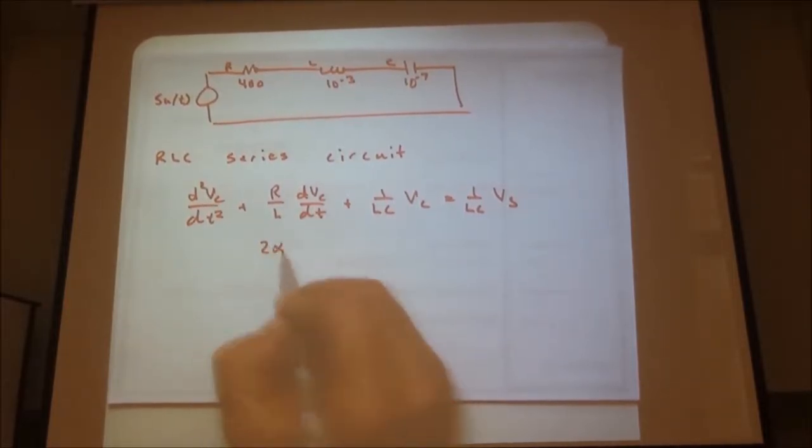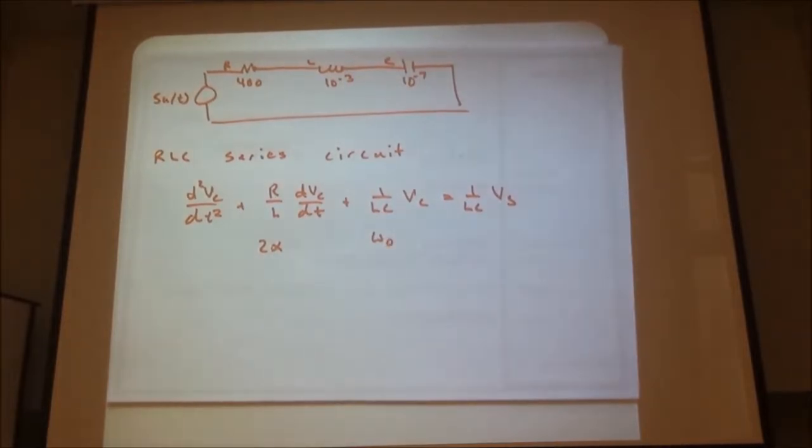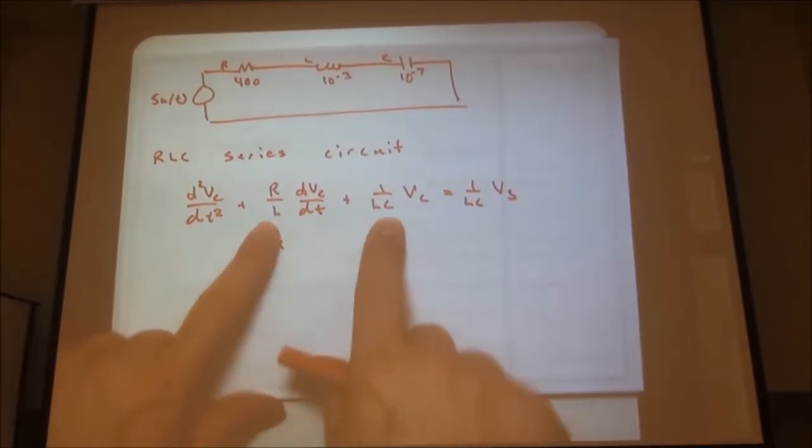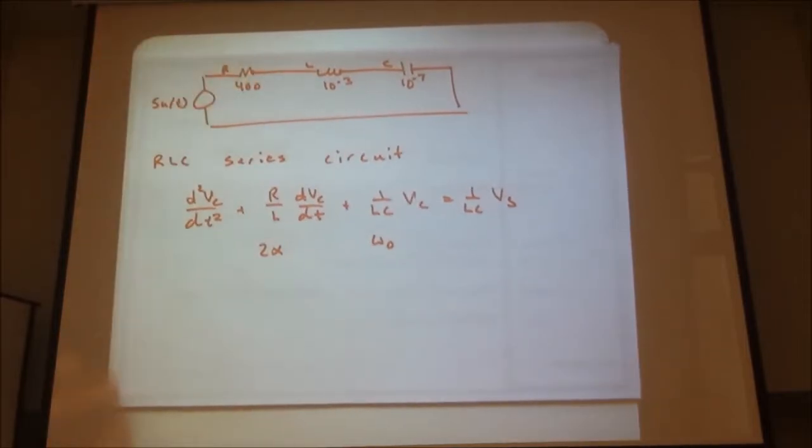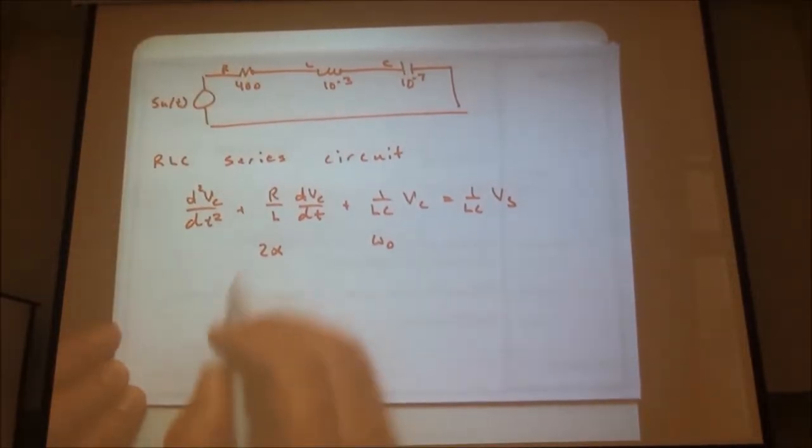Remember, this is 2 alpha, and this is omega naught squared in our general second order differential equations. And the mechanical engineers use the same formula, the civil engineers, everything winds up the same. So just because we're looking at circuits, this is the general expression.